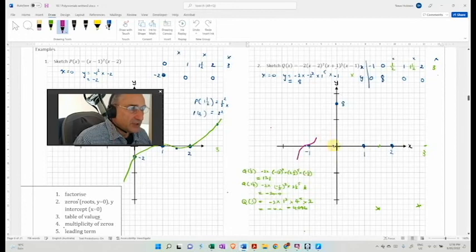We've got the root of 1, and we know that's going to just cut straight through, coming from above. The final root is 2, and we know that's going to be concave down because it's coming from below, because we know where these other points are as well.